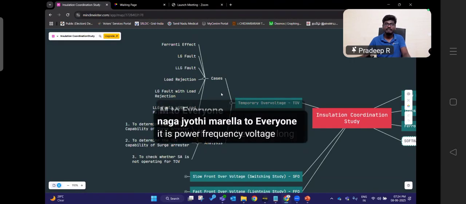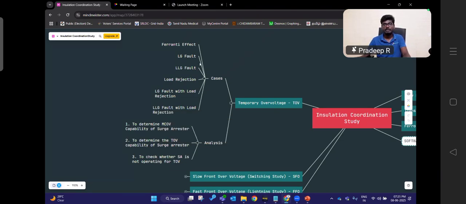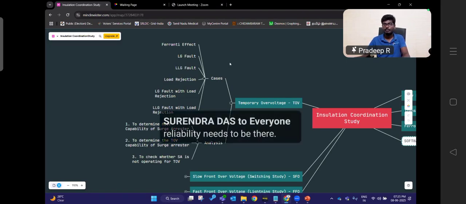Usually, rather than saying in terms of time period, we can say in terms of the magnitude of the overvoltage. For example, in the Ferranti effect, let me say 1 per unit is the base. If the Ferranti effect is occurring, we cannot say the voltage magnitude will go to 2 per unit or 3 per unit.